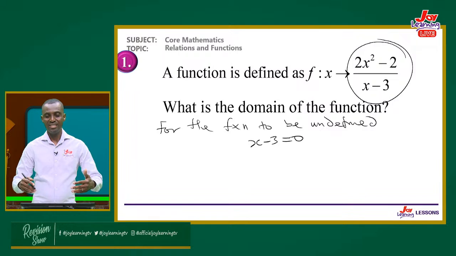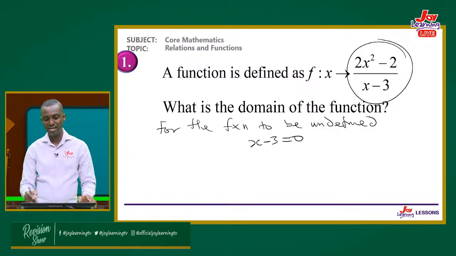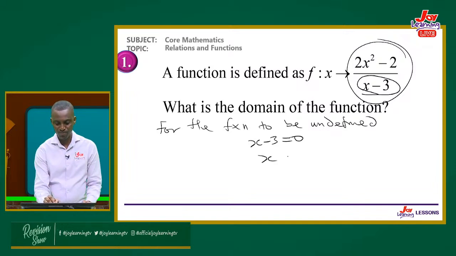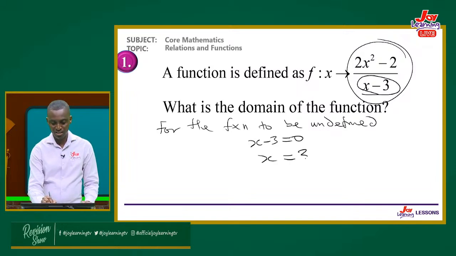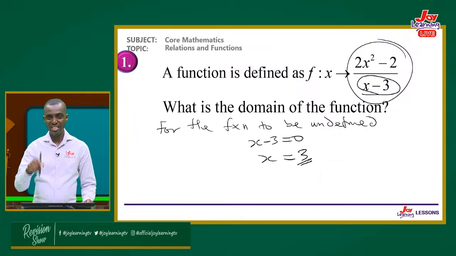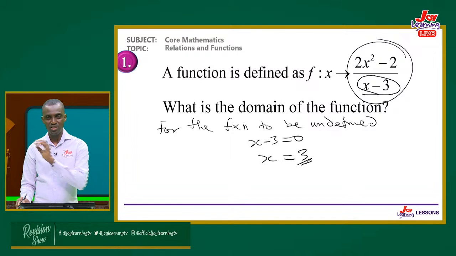Yeah, because it is when the denominator becomes 0 that we say it's undefined. So x minus 3, being the denominator, must be equal to 0. That is the only condition that will make it undefined. So if it is equal to 0, what is x here? We calculate for x, and x will give us 3. Oh, that means when you put in 3 into the function, no output.